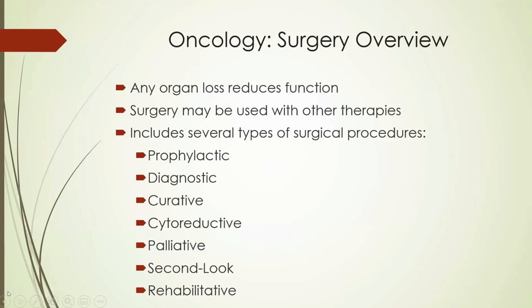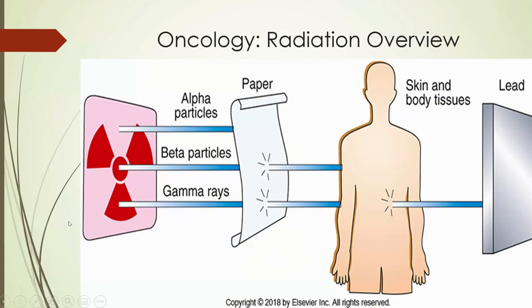Now, other forms of treatment for cancer could also be radiation, and this is just a sample of some of the different types. Radiation is defined as the use of radionuclides, ionizing radiation beams, or discrete gamma ray sources to treat cancer.